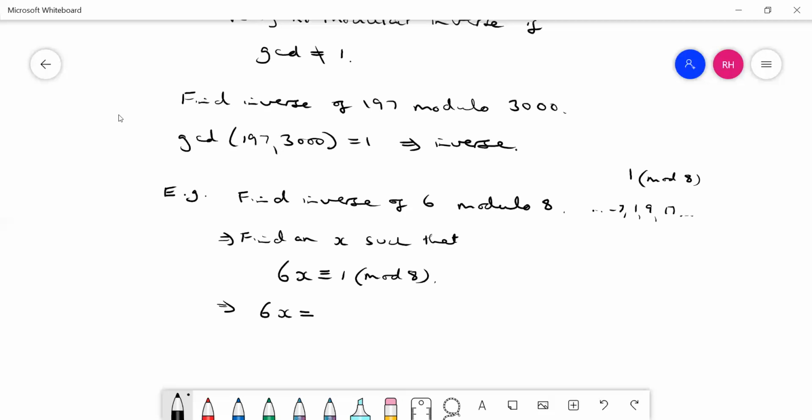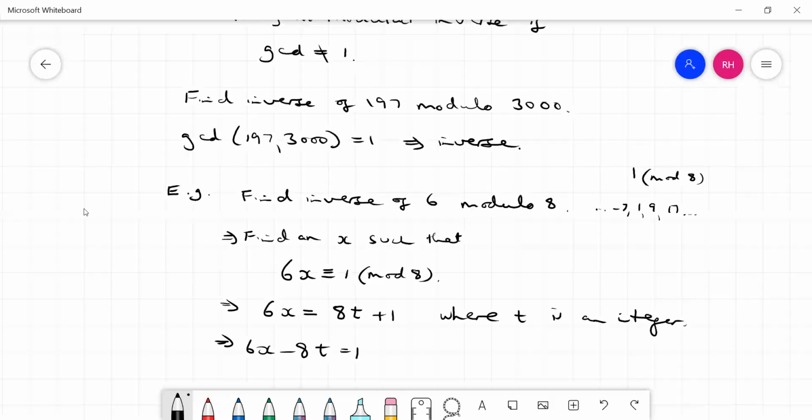So it's all the numbers where, when we divide by 8, we get a remainder of 1. Those numbers are 8t plus 1, where t is an integer. And so therefore 6x minus 8t equals 1.